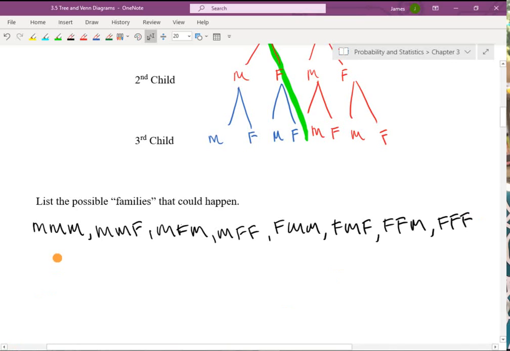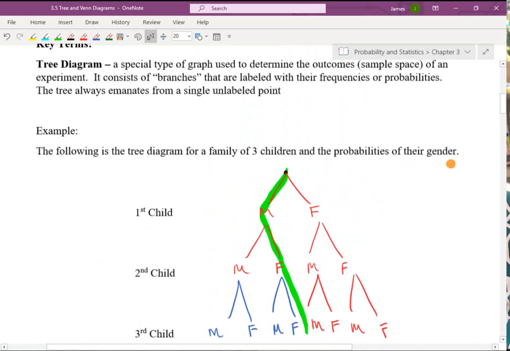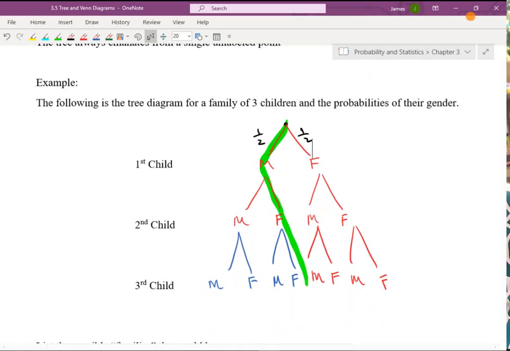Okay. Now, if there are genetic components that maybe lean, so basically what the idea here is, you've got a one half chance of being male or female, right? The next one is 1/2, 1/2, and all these would be 1/2. These probabilities are all going to be the same.